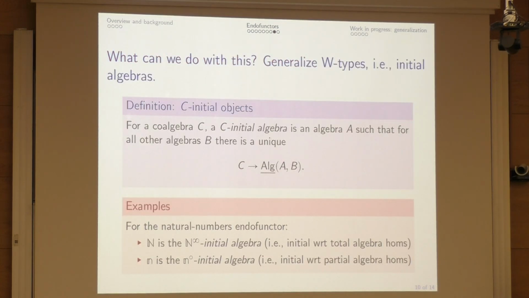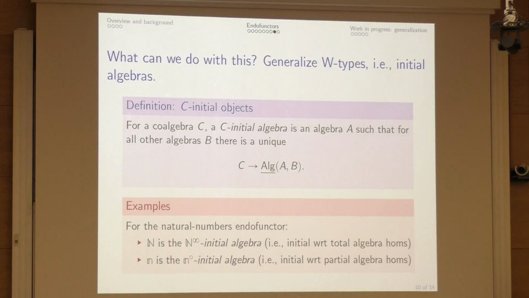Okay, so in the paper we try to explain what you could actually do with this extra information. So we generalize the notion of initial algebra in the following way. We ask that for a coalgebra C, a C-initial algebra has a unique coalgebra morphism like this.